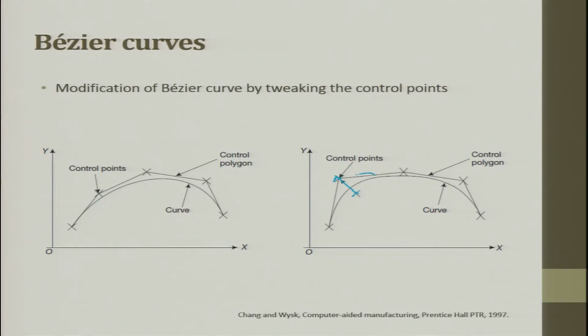So, this portion of the curve is tweaked, but not only this small patch, corresponding to those patches all other points are also moved. So, it will have a starting point and it will have an ending point. Okay. So, the modification of Bezier curve by tweaking the control points, you can try to tweak the complete curve.